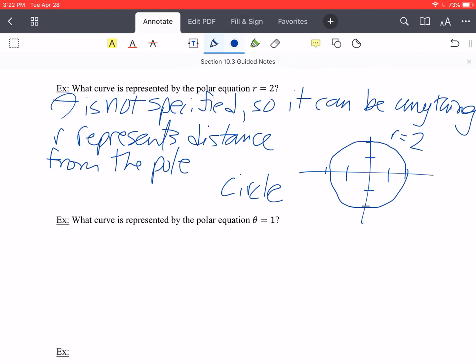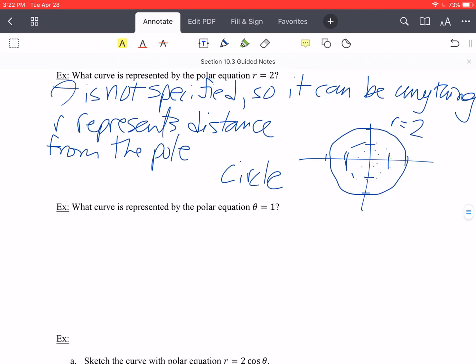For example, if you wanted r equals 1, you would have a circle of radius 1. R equals 1/2 would be a circle of radius 1/2. So when you have an unspecified theta value and r equals a constant, that's a circle.